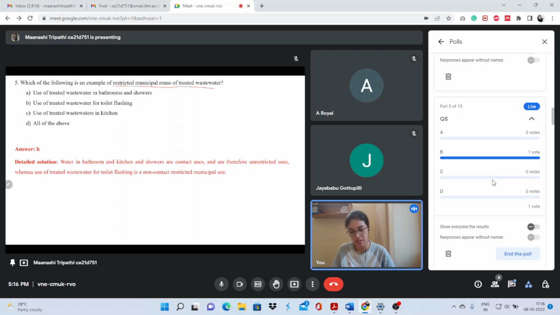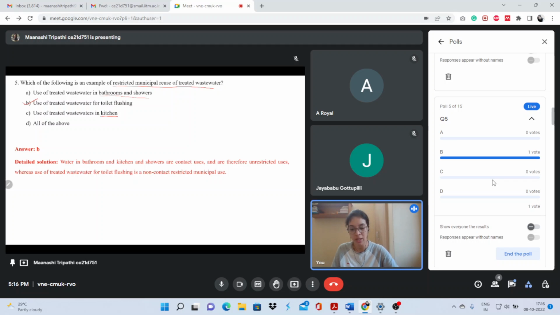So the answer is B. Because we will feel okay, this is treated wastewater, so we are not going to use it in kitchen for making our food or for washing our utensils. And this is treated wastewater, so we are not going to bathe from it. We will think, okay, this was already dirty water, so how can I put this water over me?